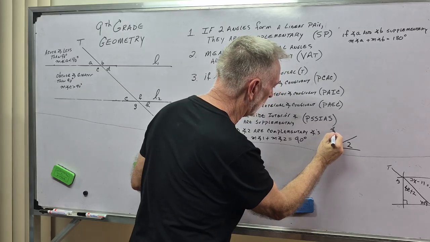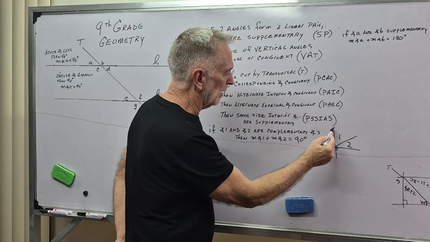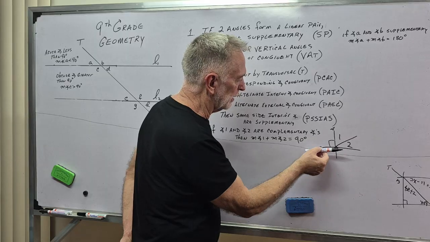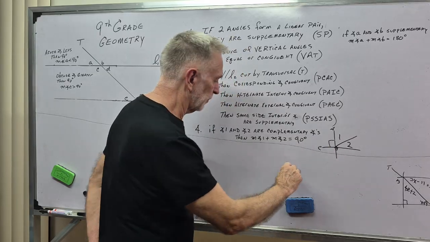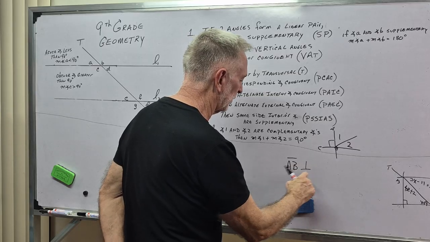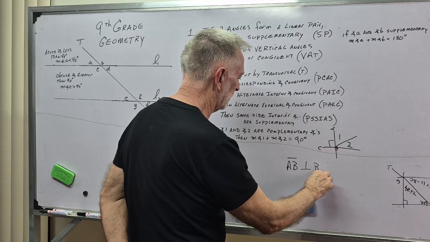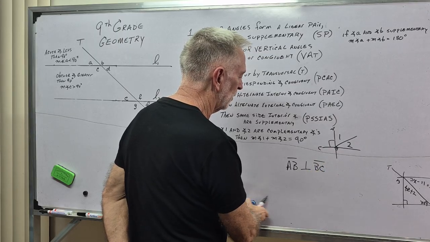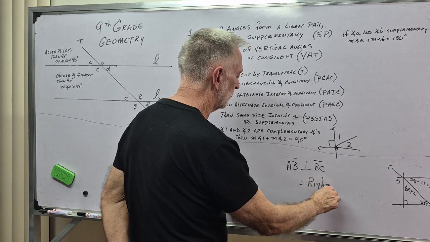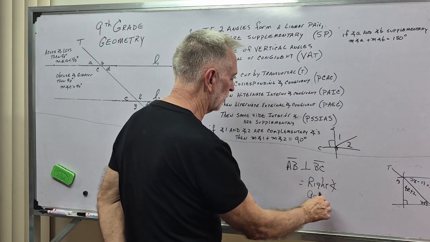If this were A, B, C, the angle formed by ABC, if the two lines AB and BC are perpendicular, so we would say segment AB, if it's perpendicular, that's the sign for that, to BC, then those form a right angle. Okay, and that means that angle is 90 degrees.